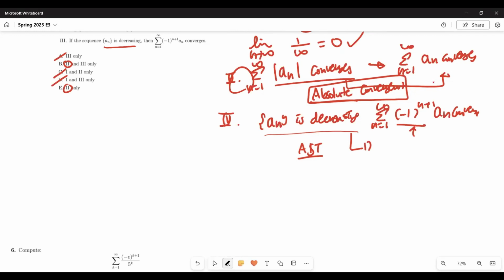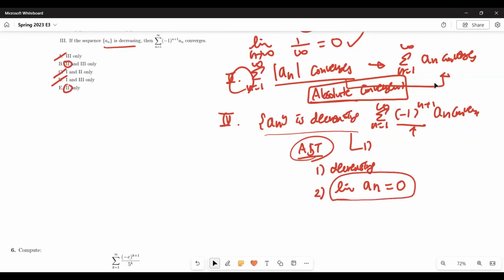So if you remember your AST conditions, it has to be decreasing, right? And it has to be limit of a n goes to 0, right? So that means this one doesn't actually satisfy the condition because we don't know the limit of a n goes to 0. So you can't just say that it's converging. It can be diverging if it doesn't equal 0. So we don't know for sure. This is not right.